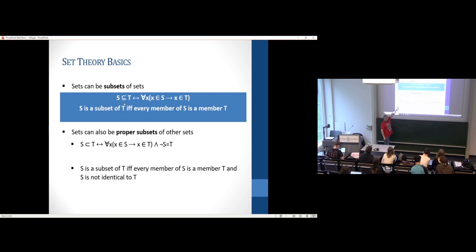So note, we used just this little horseshoe without the bar underneath it to avoid the equal to. It just means is less than. And we can define it as, hey, S is a proper subset of T if and only if everybody who's in S is in T and they're not identical. And this forces T to have more members.